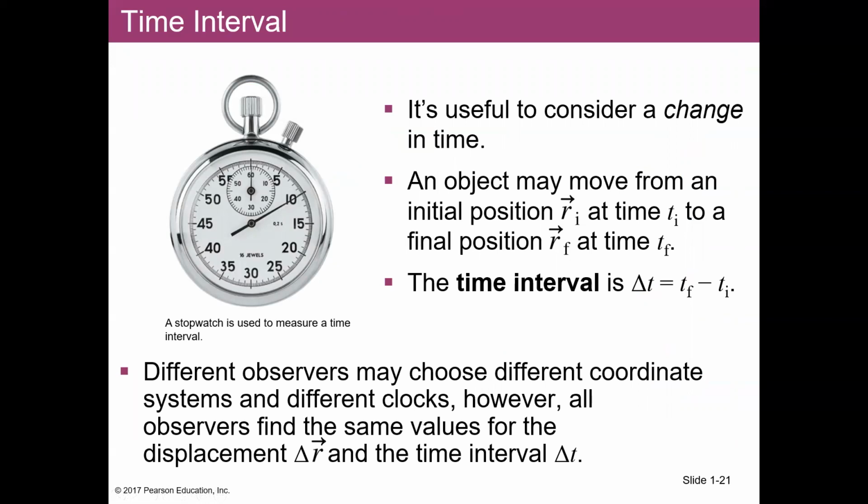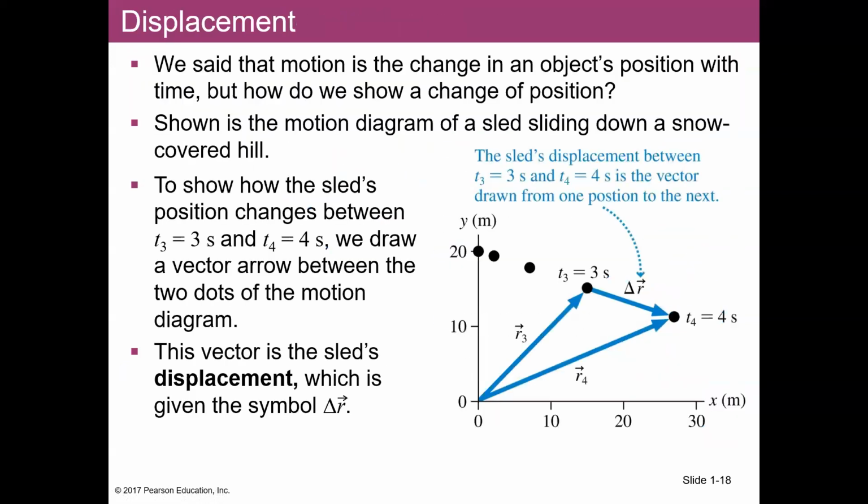Before we return to this last slide, let's return to that displacement definition and see that displacement between two positions is the final position, the one that's later in time, minus the initial position, the one that's earlier in time. And it's always a vector that points from initial to final.